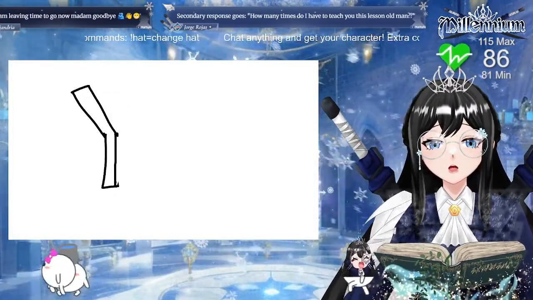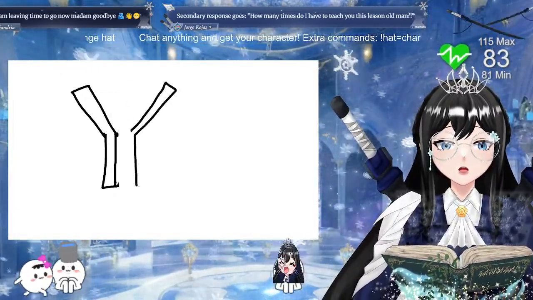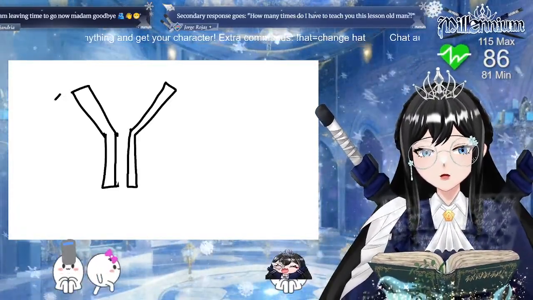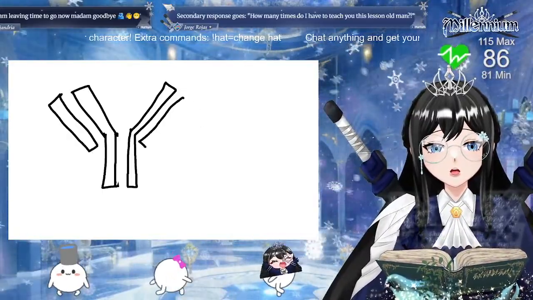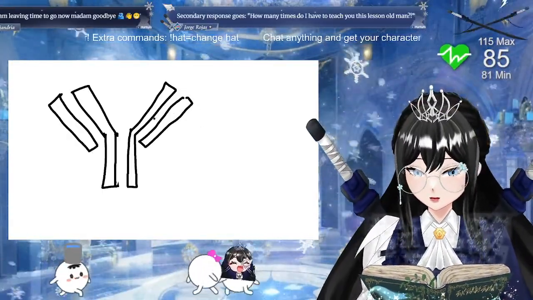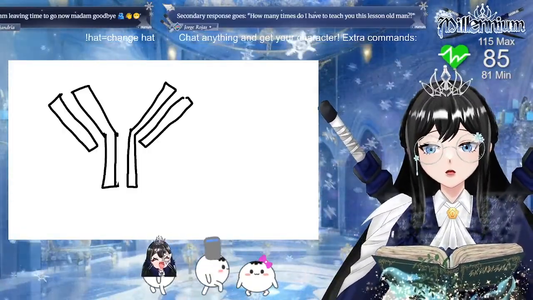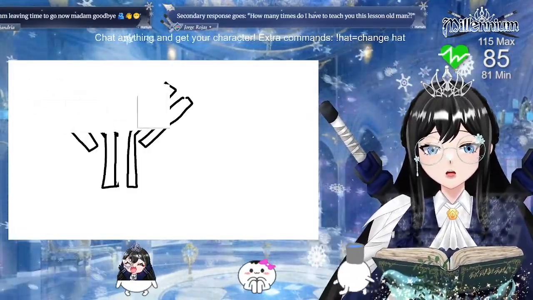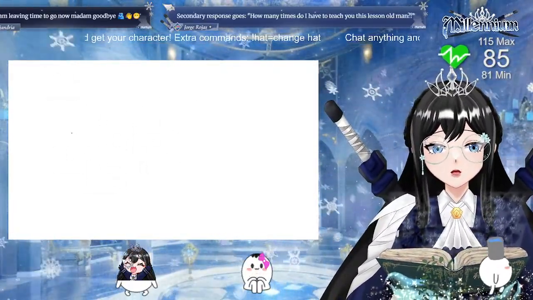Alright, okay, that's the heavy chain, and then you have the small light chains over here. I'm gonna use blue for the heavy chains.